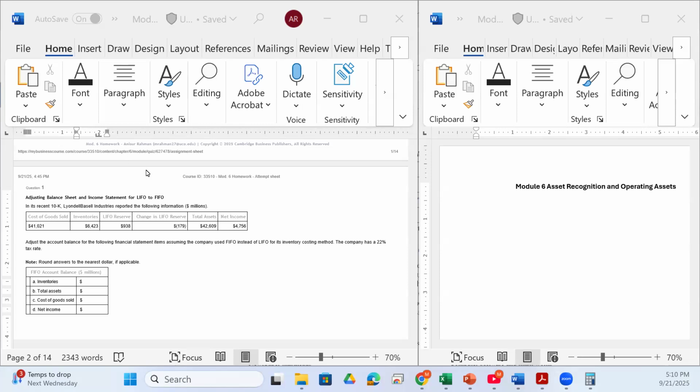The first problem we would like to tackle is this one: adjusting balance sheet and income statement for LIFO to FIFO.